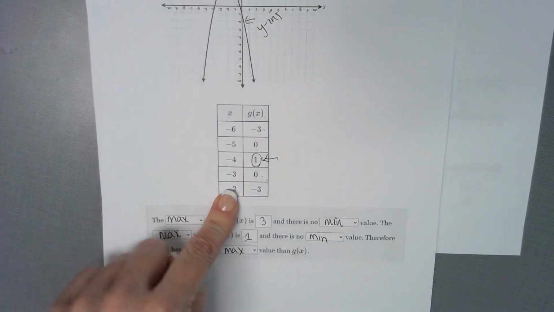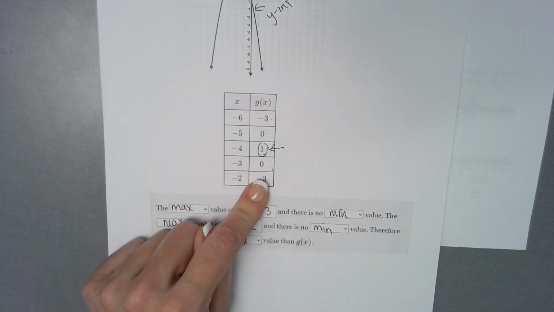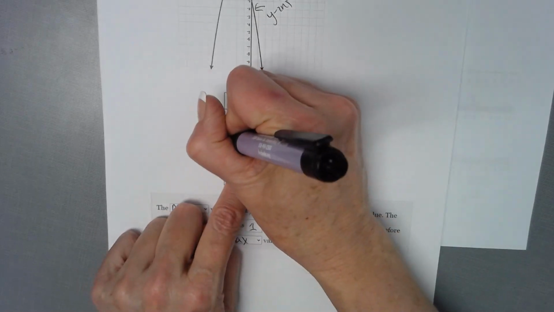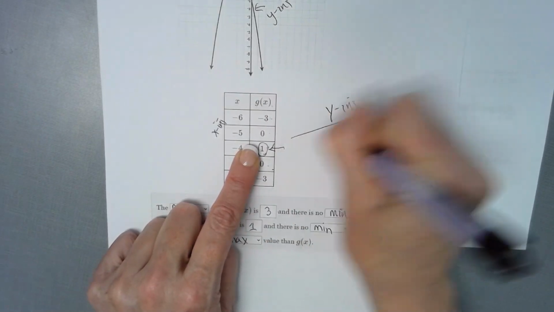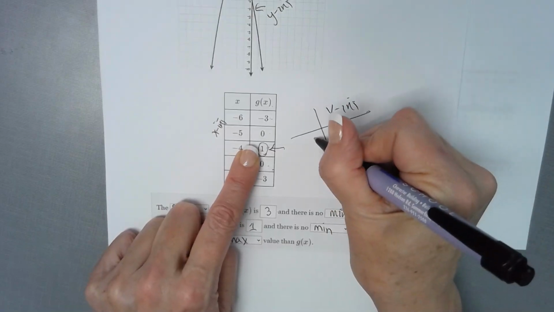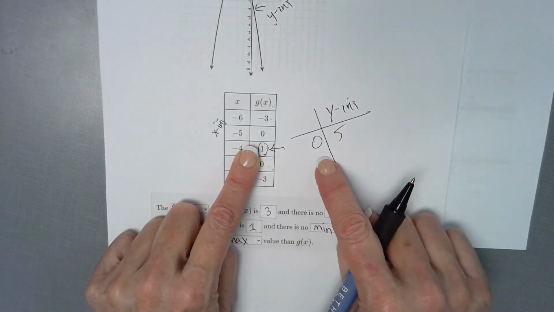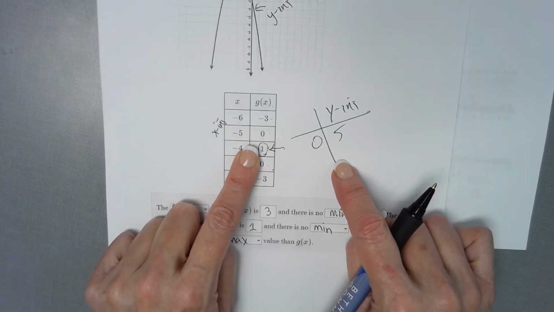Okay, how about in a table when they ask you for the y-intercept? There's not one here. It's when x is 0. You've got to be able to pick it out of the table. This right here is an x-intercept. But a y-intercept in a table is going to look like this. That's the y-intercept. People were having a hard time with that. They're going to ask you to compare those two.